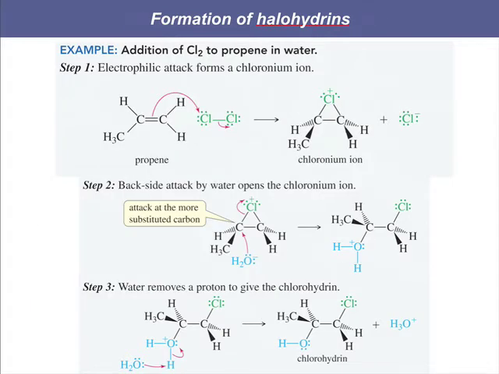The same way that the halogen added to an alkene when we did anti-addition of the halogen across the double bond last time to make a halonium ion, the formation of halohydrins proceeds in the same way, at least for the first step. We're going to take our double bond, our alkene, that's going to add to our halogen. In this case, they're using chlorine, and we're going to make a chloronium ion.